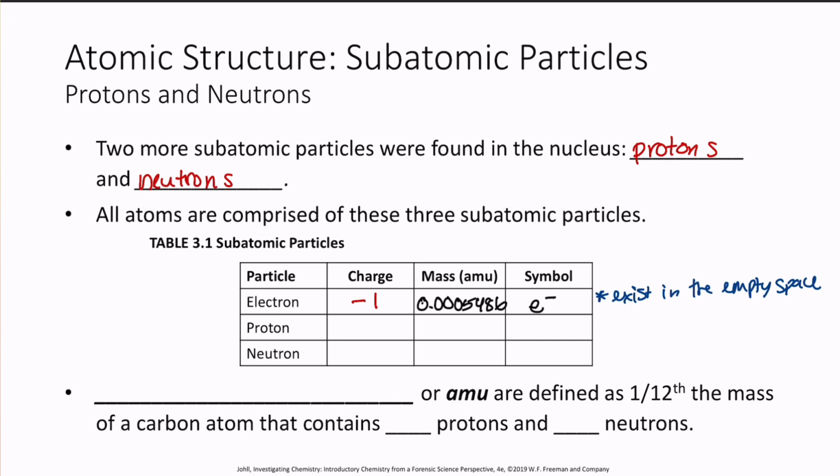Now, protons have a +1 charge. The mass of a proton is 1.0073 AMUs, or atomic mass units. The symbol for a proton is a lowercase p with a little plus symbol. The protons exist in the nucleus.